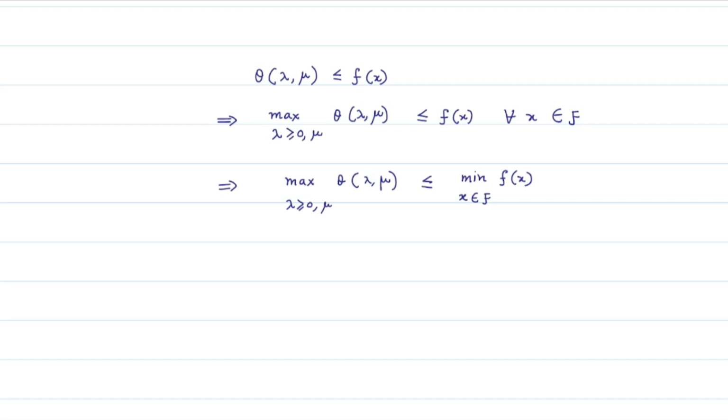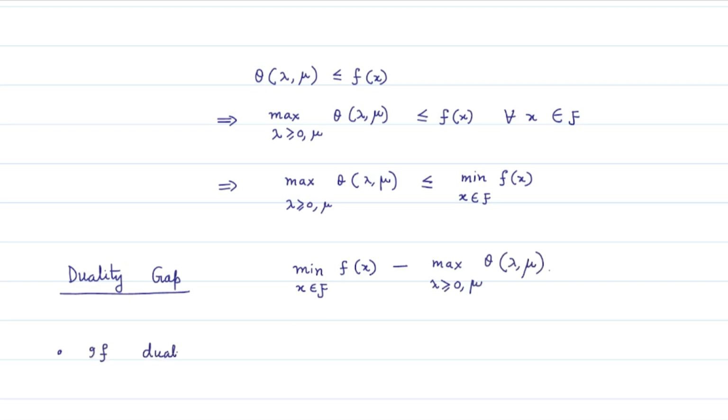If they are not equal, then the difference of the minimum value of the primal and the maximum value of the dual is named the duality gap, which is the difference between the optimum value of the primal and the optimum value of the dual.